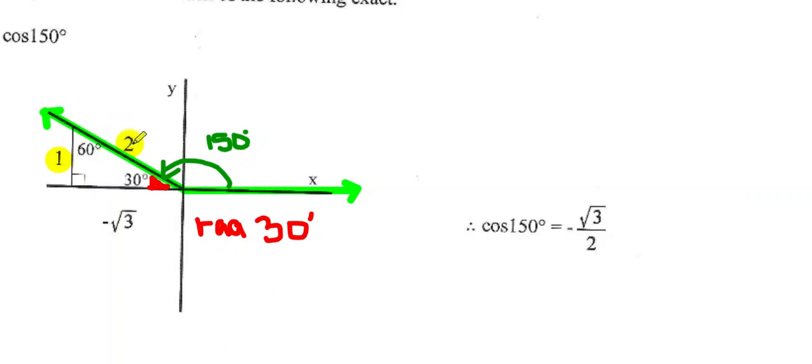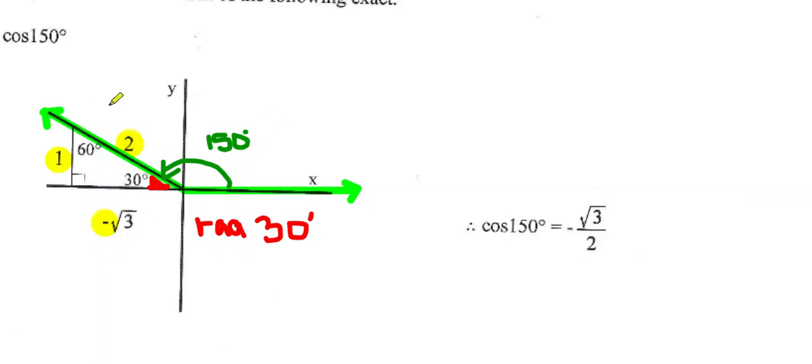So having found the hypotenuse first, you're always going to put that first. Look for where the 60 degree is, and then put the 1. Then you know the root 3 has to be down here. And because it's in the second quadrant, your x value needs to be negative. So you better make sure that you have a negative root 3 there, okay?